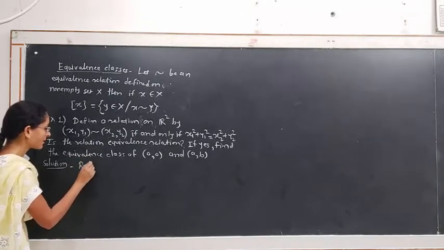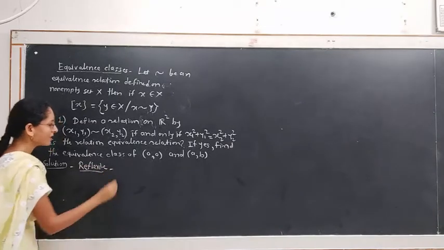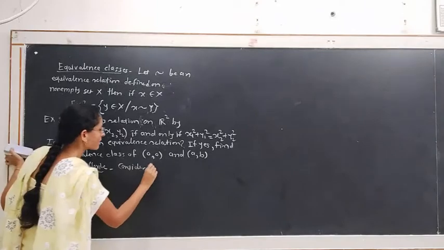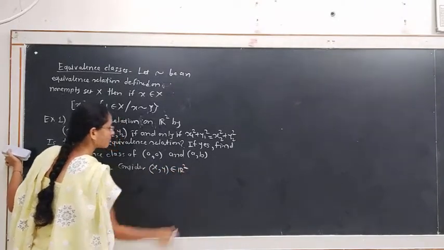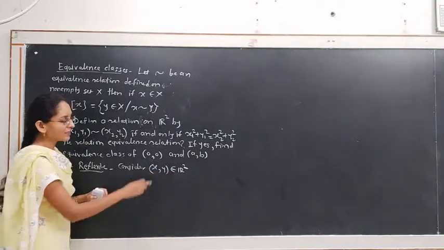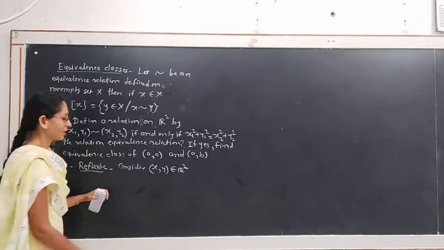To check whether it is reflexive, consider the ordered pair (x, y) belongs to R2. This is an element of set R2. We check whether this element is related to itself or not.